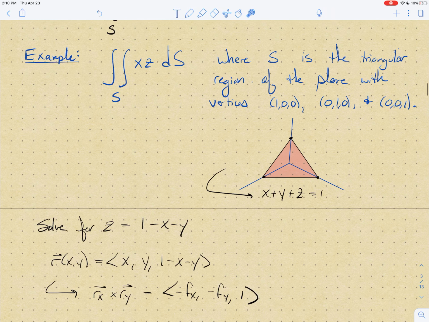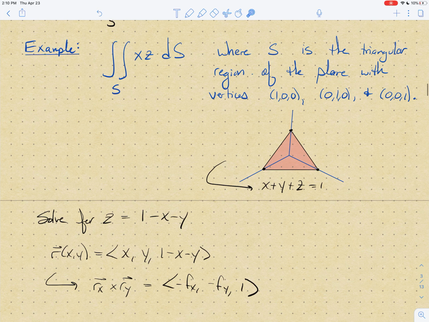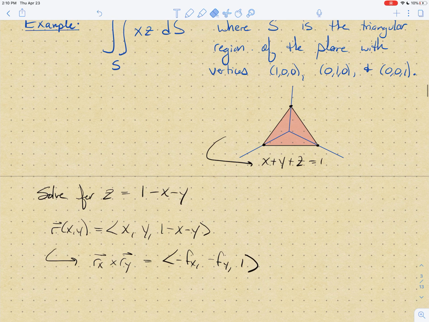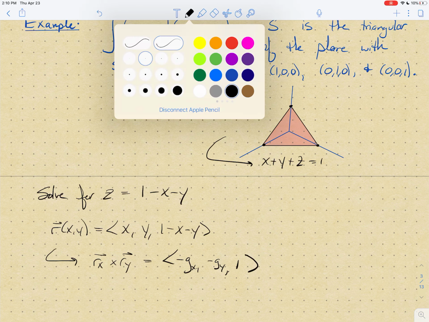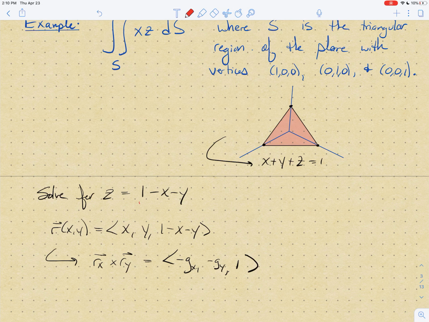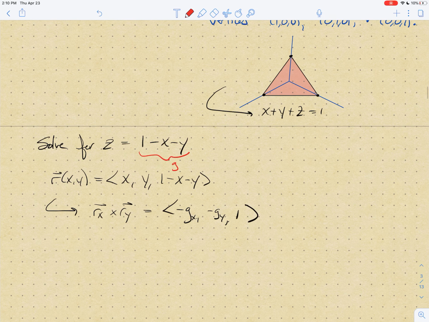Now, we have to watch our notation a little bit, because the way that we're writing these, we might think of this function as my f. And so a lot of times when I do these from now on, I'm going to use g for the surface. So I would write minus g partial x, minus g partial y, and 1. This is my g of x, y. So that's something you want to have in your back pocket, just because it speeds it up.